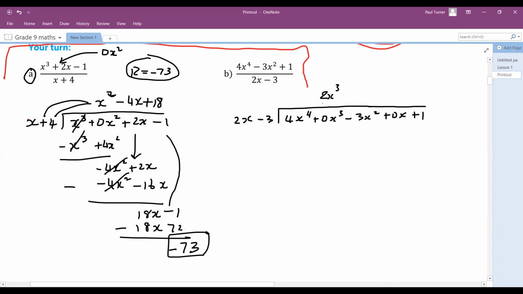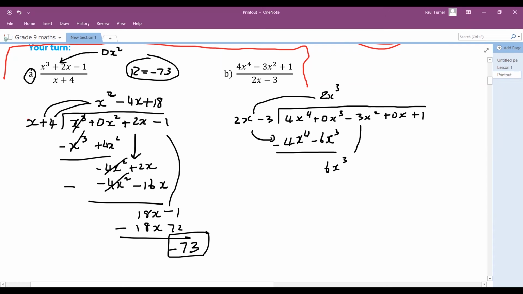So 2x cubed times, okay, so 4x. When you multiply them, you'll get this. 2x cubed times minus 3, minus 6x cubed. At this point, we subtract. 0 minus negative 6 will be 6x cubed.